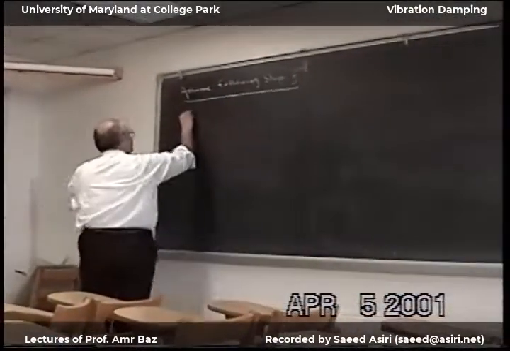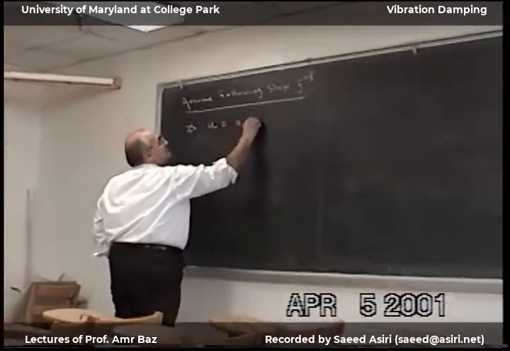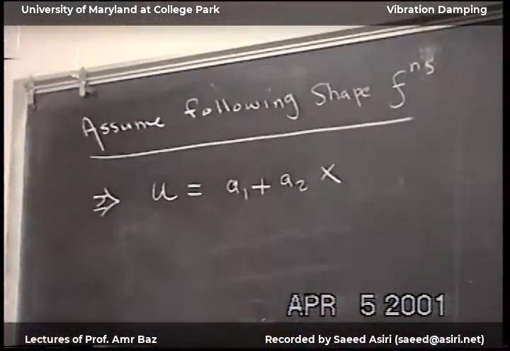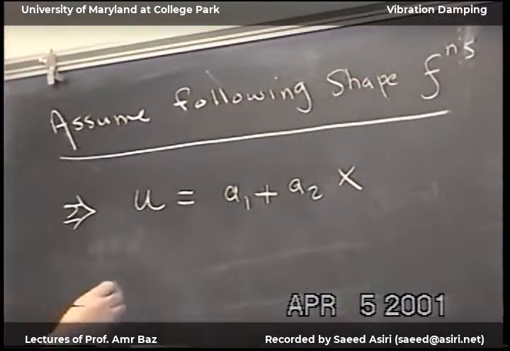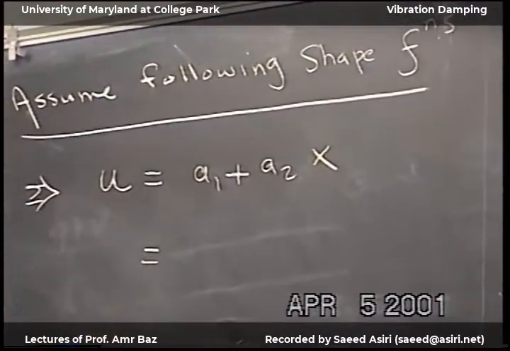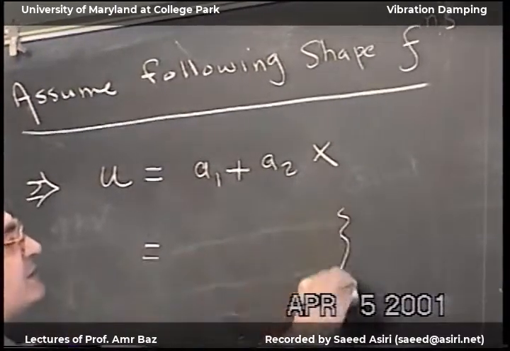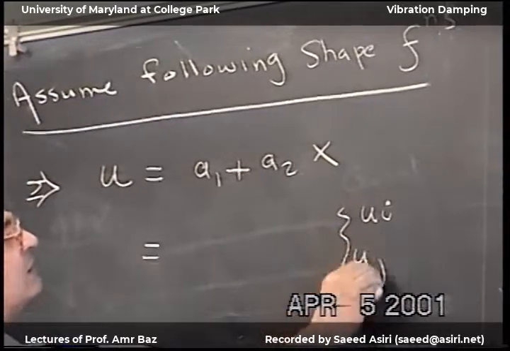So we assumed here that u is equal to a1 plus a2x. And from here we extracted u in terms of ui and uj. And we wrote this, ui and uj.